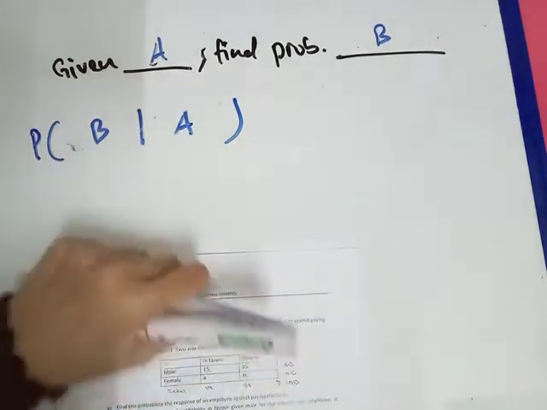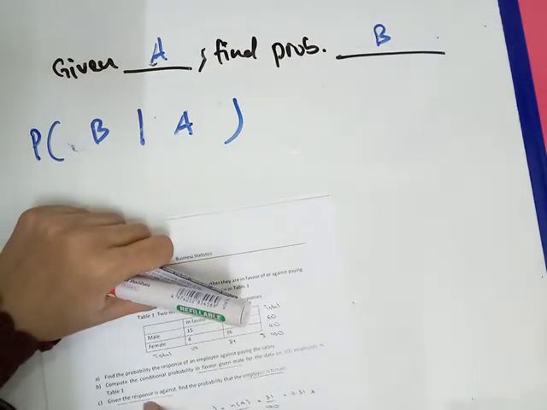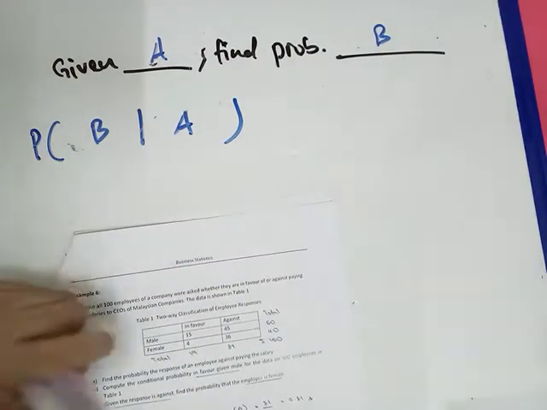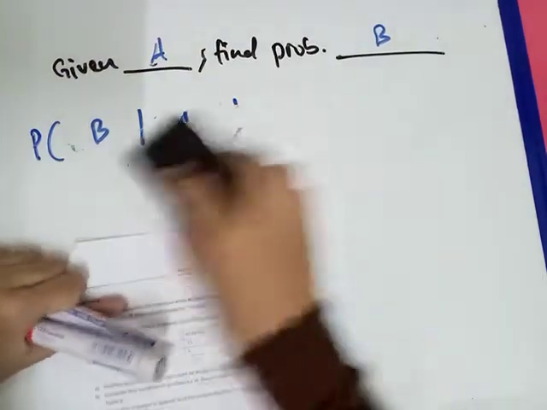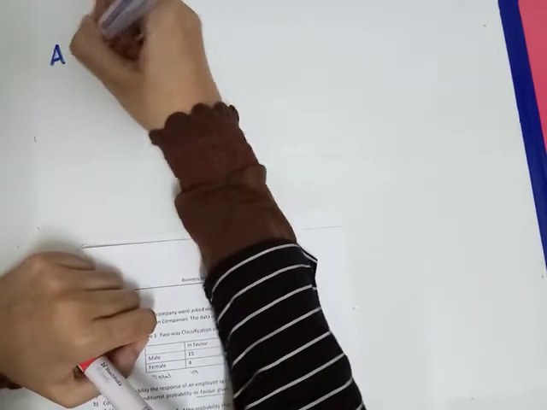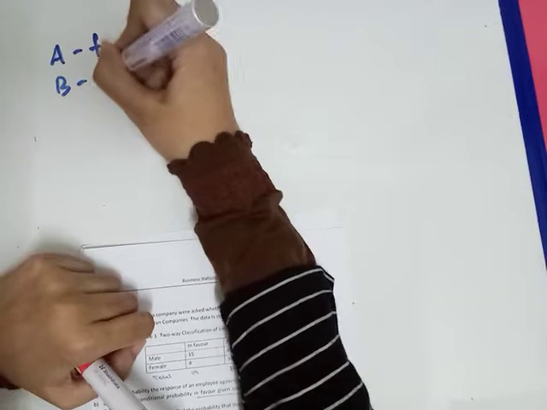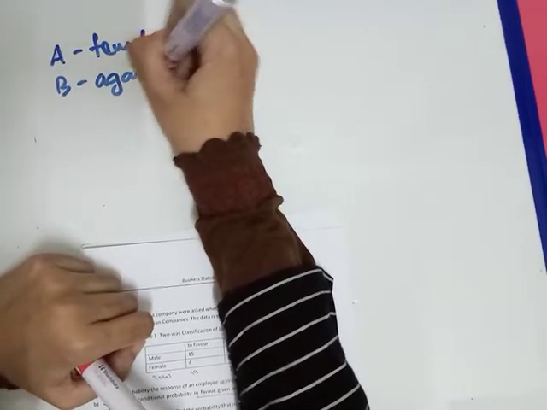So untuk question C tu, given the response is against, find the probability that the employee is female. That means kita letkan A is female. Okay, B is against. Kita letkan macam tu.